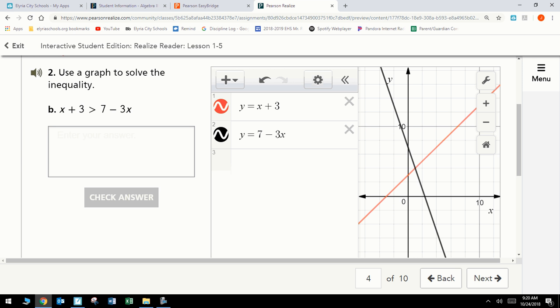After that intersection point, orange is higher than the black graph, right? Which is what I wanted. So is my solution before 1 or after 1? After 1. So for all x's greater than 1. And because this is not greater than or equal to, it strictly has to be after 1.